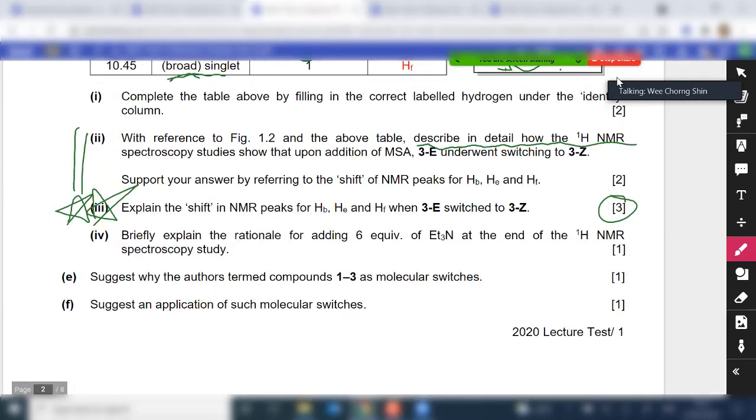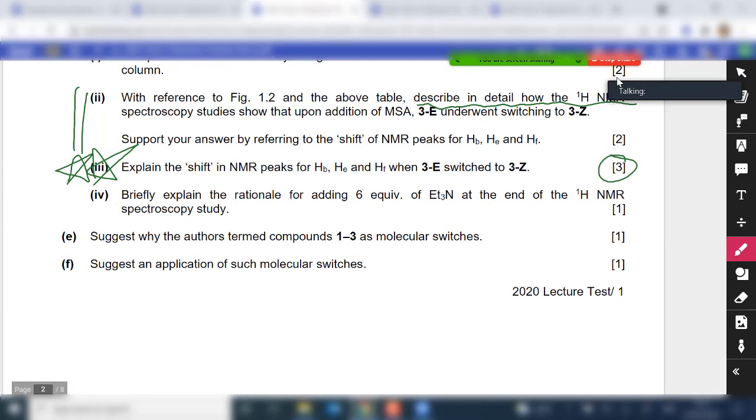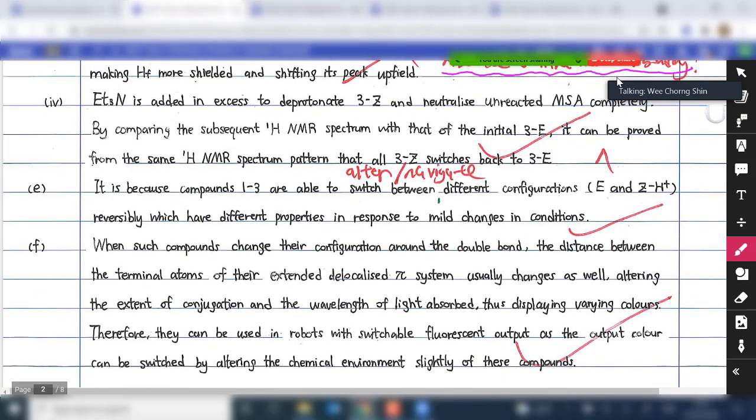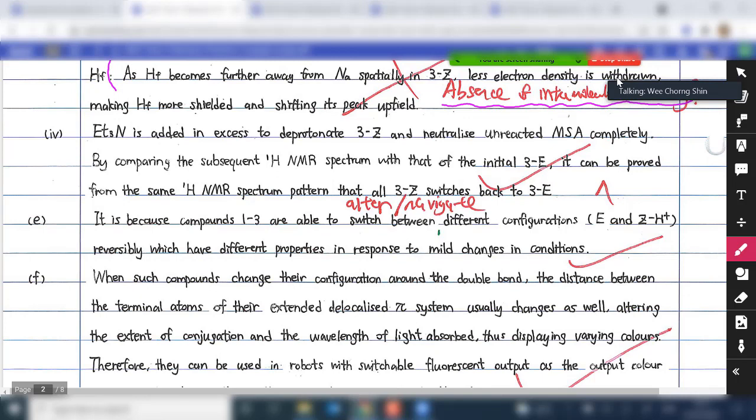Okay, then I think for the other part, I have explained the rationale of adding this. So I think your classmate wrote perfectly. I mean, it is to deprotonate, neutralize, so it can prove that the same, etc. The reason why I put a little caret here, again, if you heard the last bit of my explanation, I actually said that it is to showcase that this whole event is basically acid-base and it doesn't change the integrity of the structures substantially.